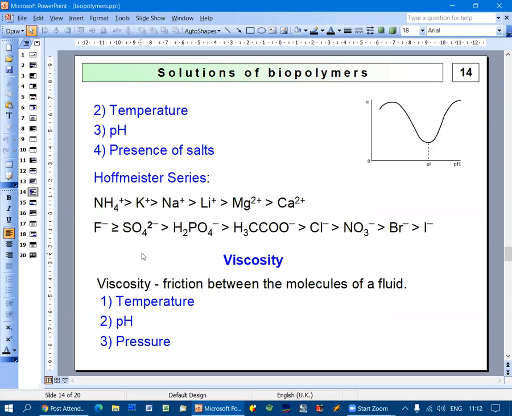But a salt can be hydrolyzable. For example, ammonium sulfate. The medium in solution of ammonium sulfate is acidic.